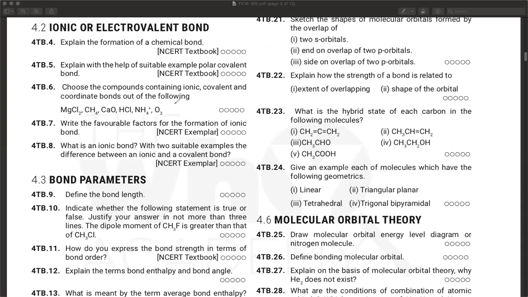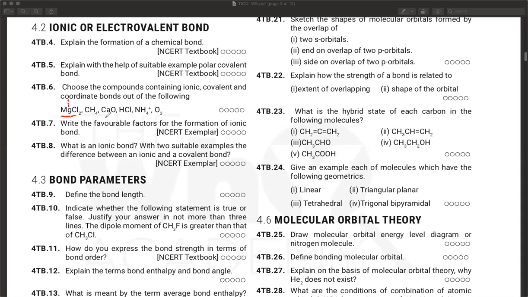All right. So in MgCl2, what kind of bond is it? Ionic, covalent or coordinate? Ionic. Ionic, sure. Yes. CH4? Covalent. Yes, covalent.